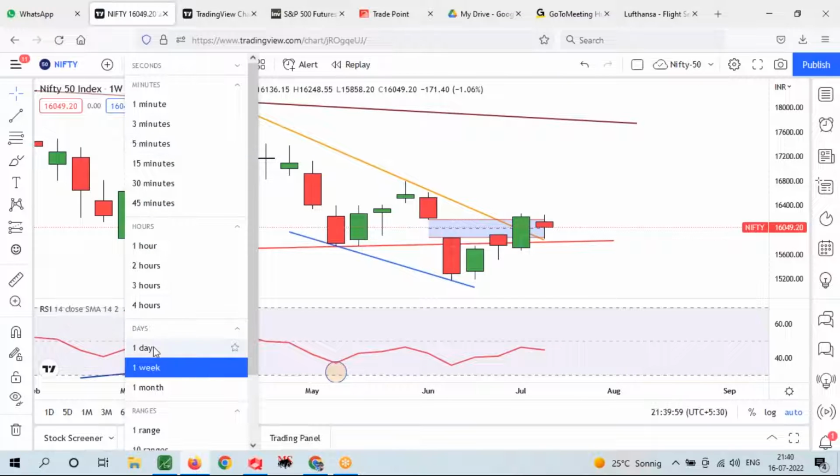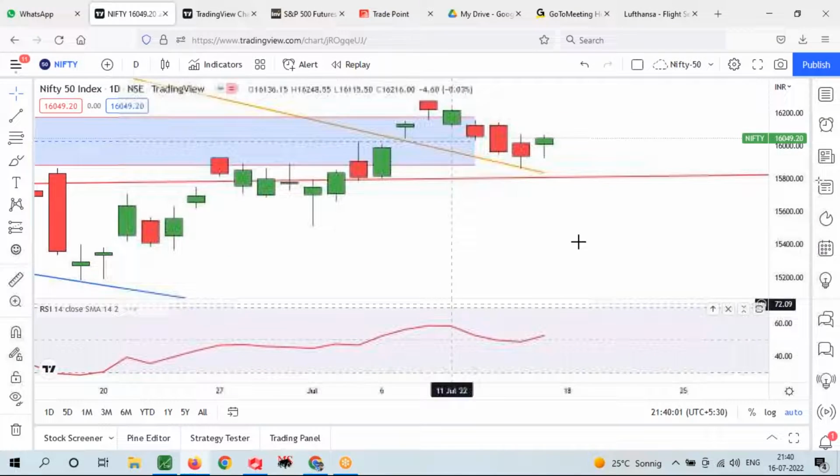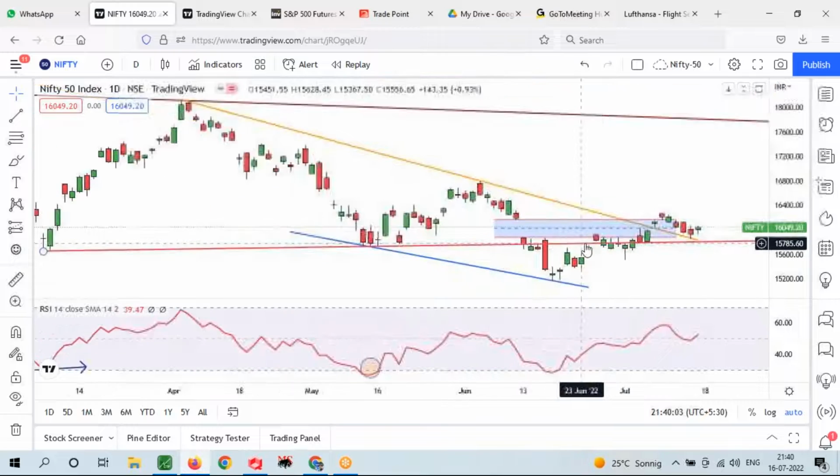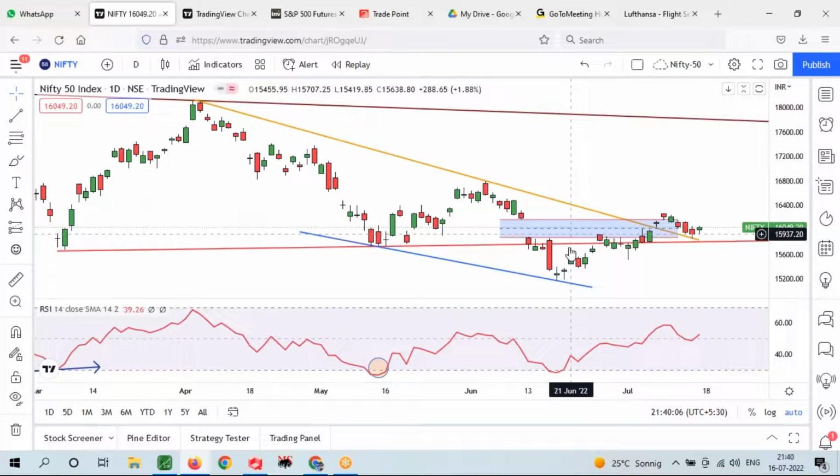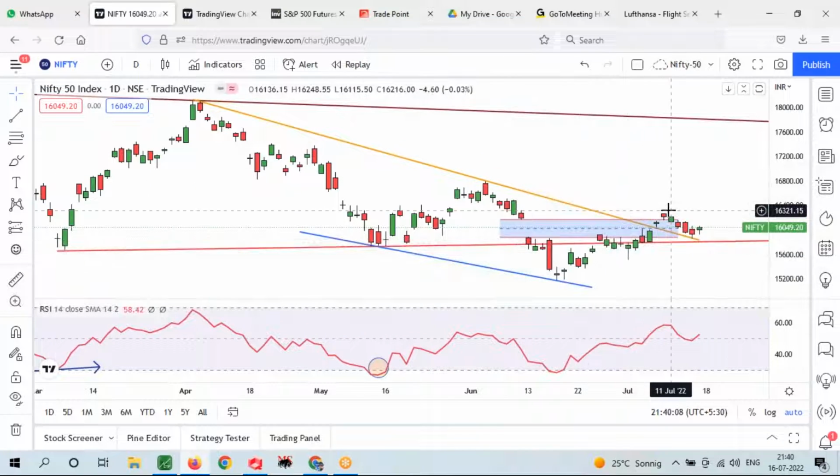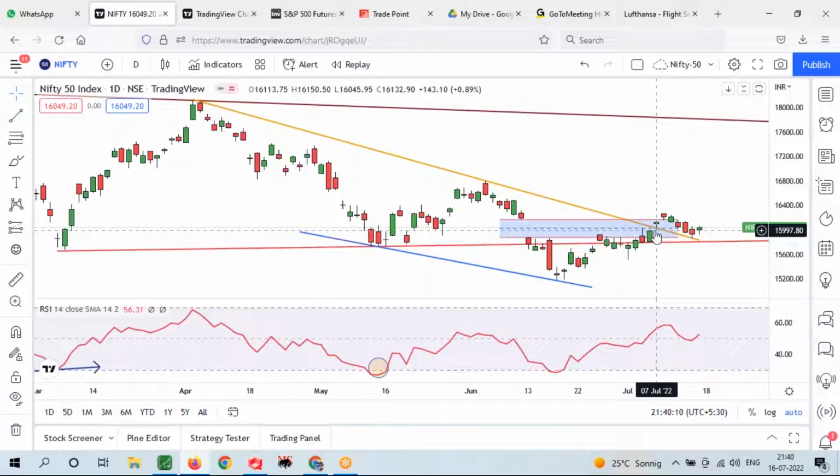So let us go to the daily chart. In the daily chart you can see it very clearly. The gap area was taken away, and there was a small gap here also at 16,011. That was also filled, and it also retested this zone. This zone, this high, and this high, look here, so this is tested.